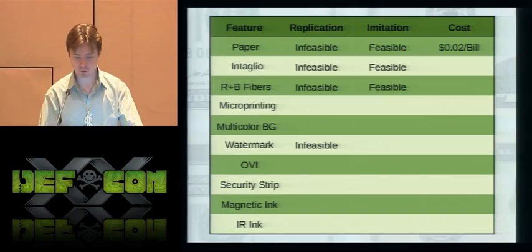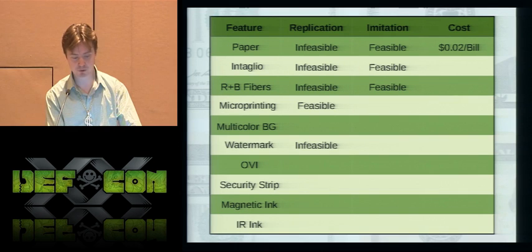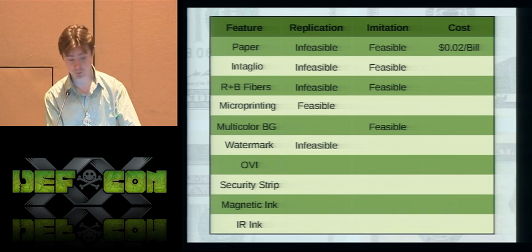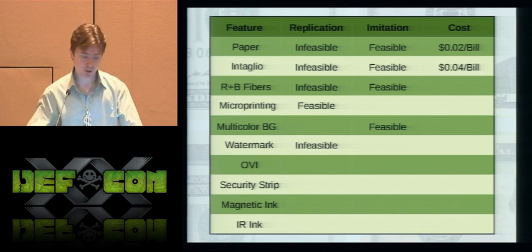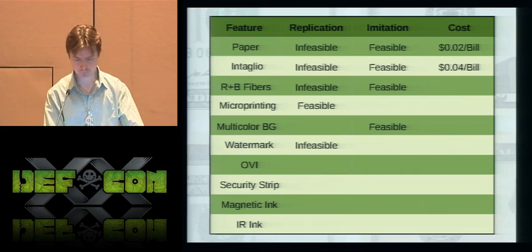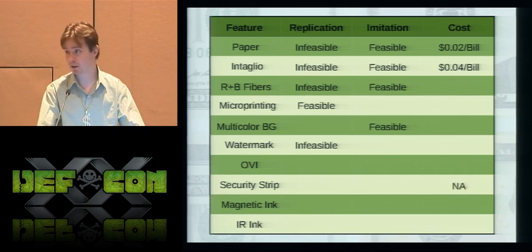This approach is also very cheap, and it allows us to replicate the microprinting, imitate the red and blue fibers, and also imitate the multicolor background. I found the cost by taking the expected yield of Epson printer cartridges, taking the effective number of bills, and dividing the cost of them by it.